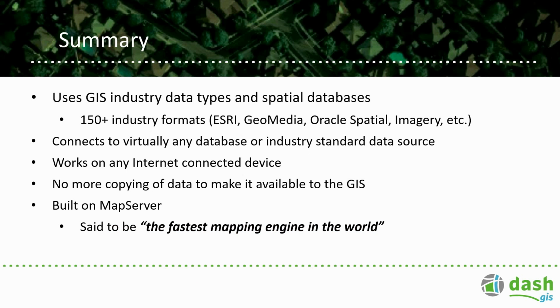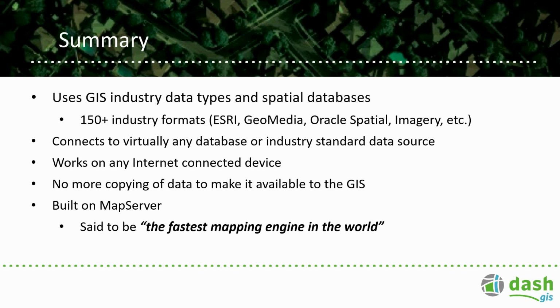So the summary today in this quick video is that DashGIS reads over 150 industry formats: ESRI, GeoMedia, Oracle Spatial, I didn't even get into how many imagery formats it reads, which is a lot. It connects to virtually any database or industry standard data source, works on any internet connected device, iOS, Android OS, Windows, all of those.